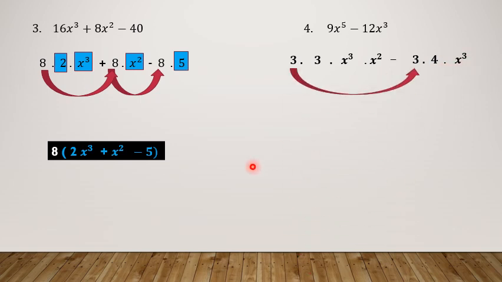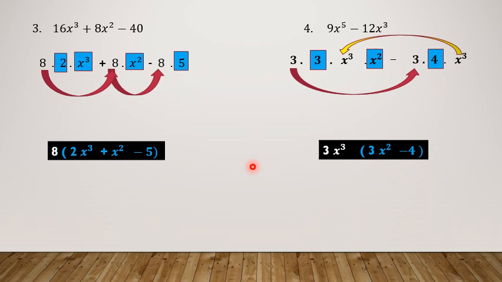So, yung GCF niya, si 3 at si x raised to 3. Okay. Remaining, ayan, naka-blue. So, the answer is 3x raised to 3 times quantity 3x raised to 2 minus 4. Ayan.